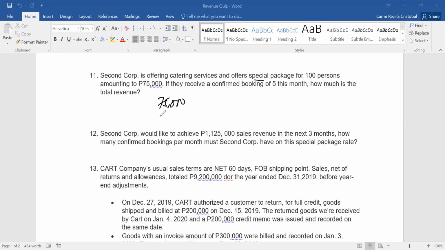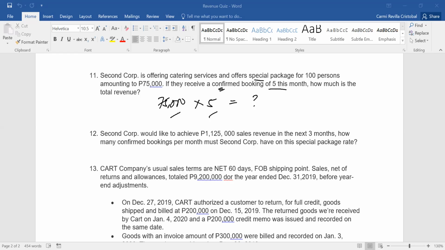So, this time, service yung binibigay niya, no? Okay? If they have confirmed booking of 5 this month, meaning talagang sure na sure na sure, how much is the total revenue? So, easy peasy. Okay? Bring out your calculator, guys. 75,000 times 5 is how much?